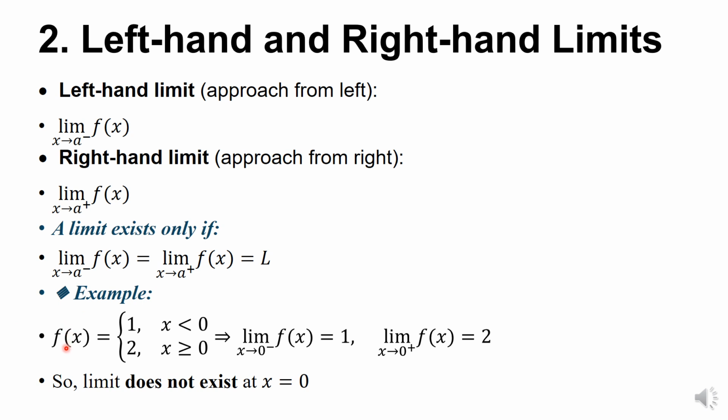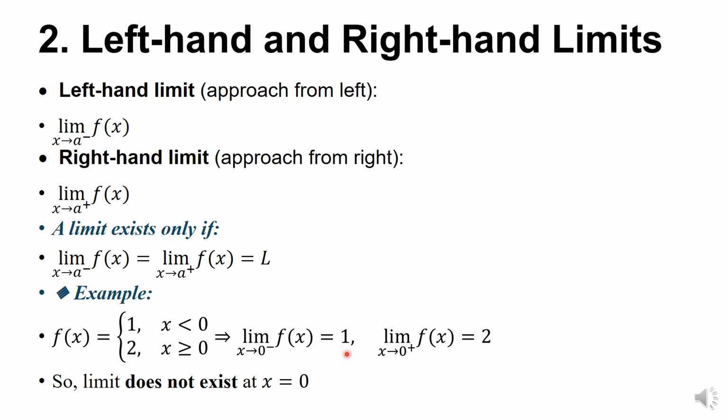Example: f of x equal to 1 and 2. If 1 is given, then x less than 0. If 2 is given, then x greater than or equal to 0. Now we simplify. You can see here the left hand side limit: left hand side limit means x less than 0, we use 1.